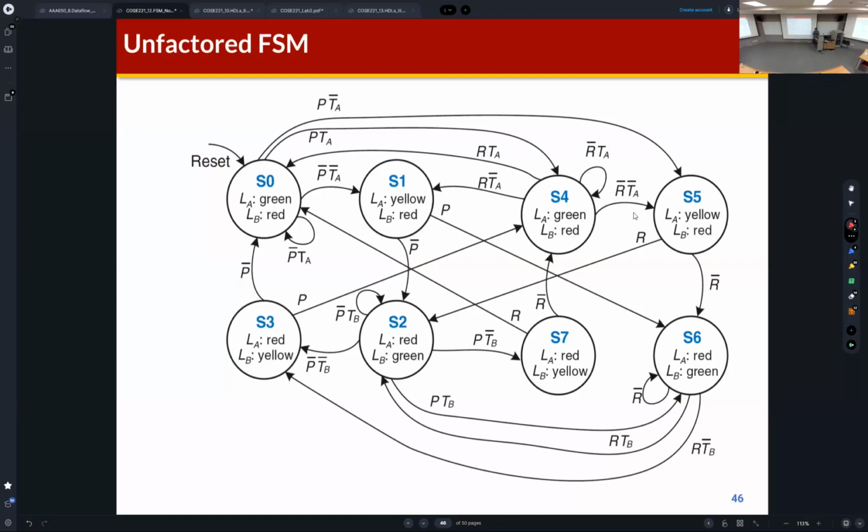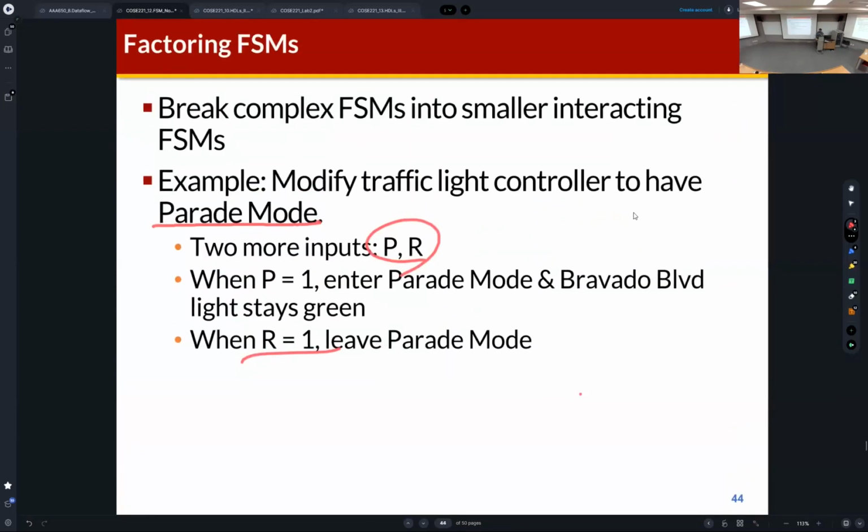Okay, but if we read the conditions of the system, if we read some descriptions of the problem, then we can know that based on P and R, it goes into the parade mode and then ends the parade mode.